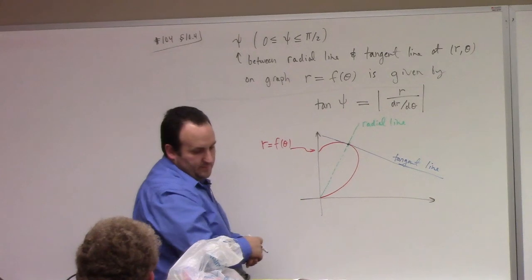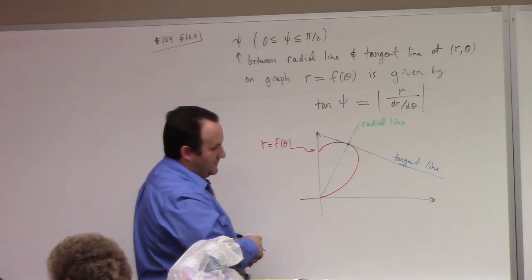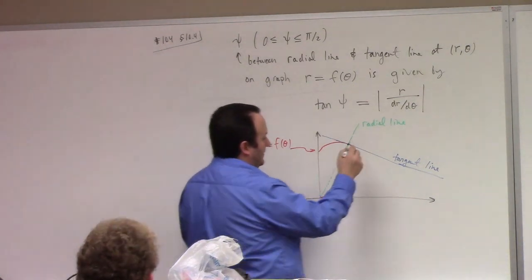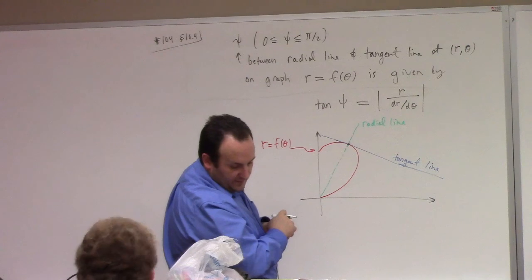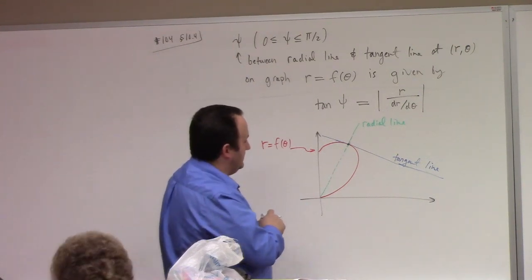And so the way I drew, I picked a different kind of... here, he sweeps psi from the radial line to the tangent line.